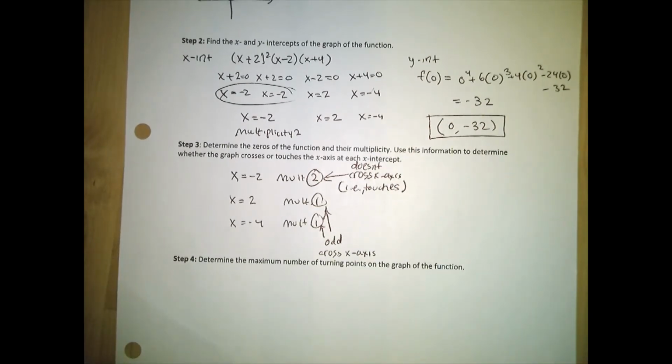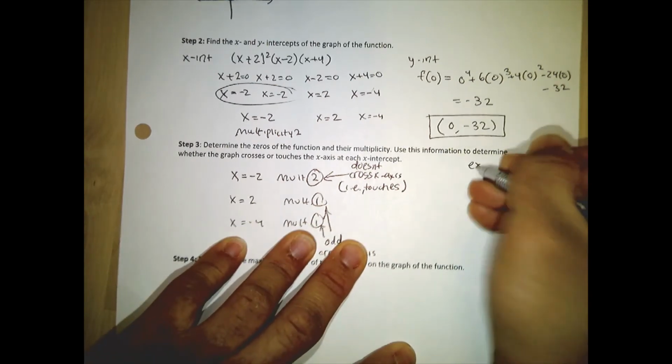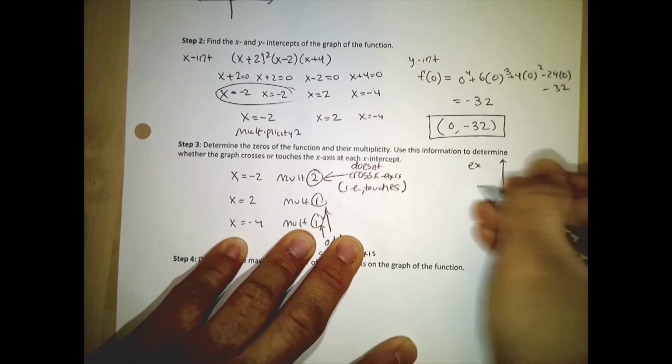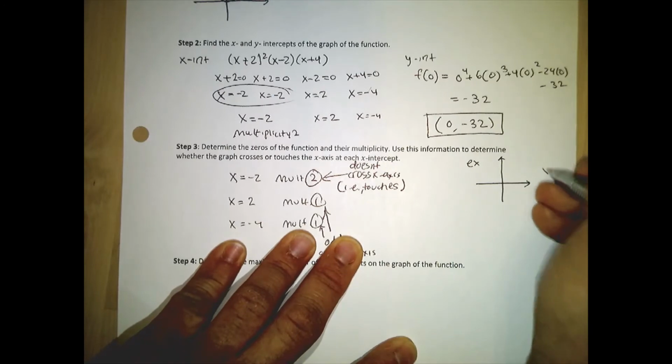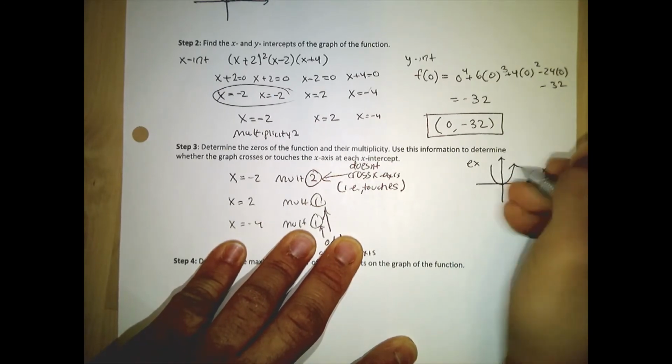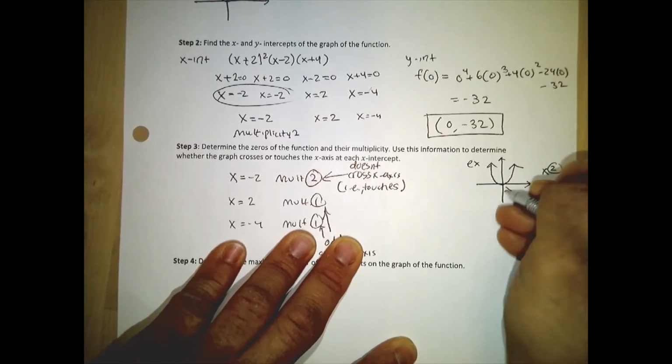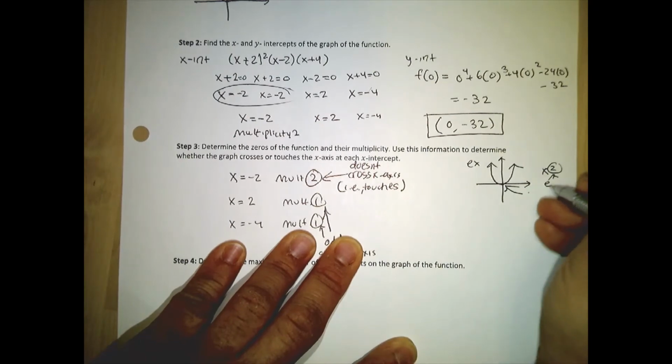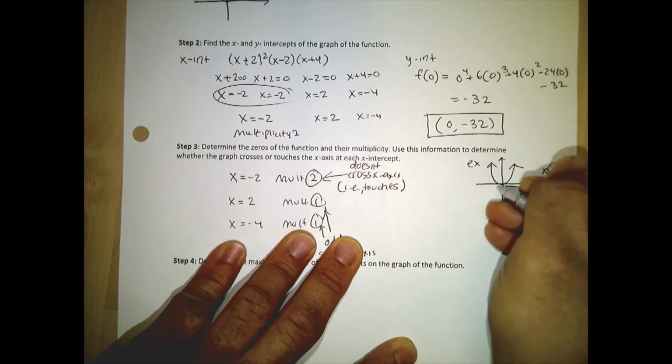Now, think about this, because here's an example. If we have x squared, see how that was even, and so this actually just touched the x-axis right here.